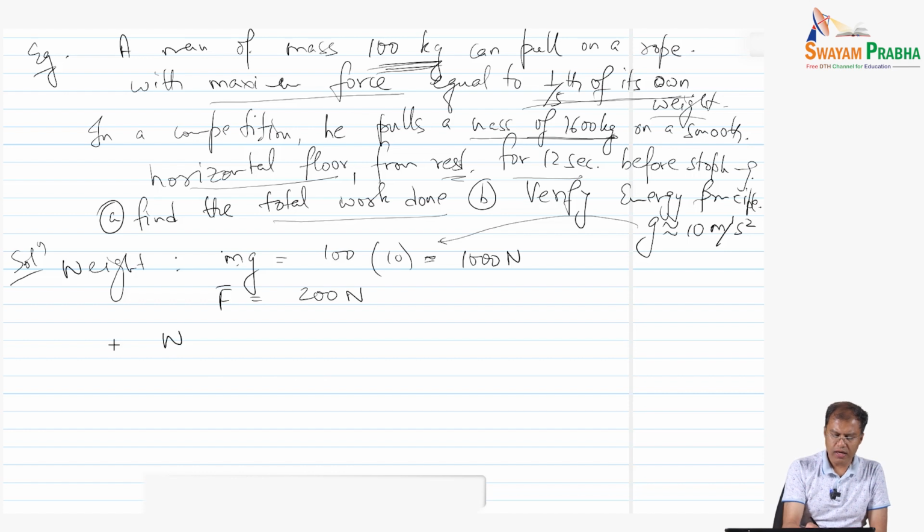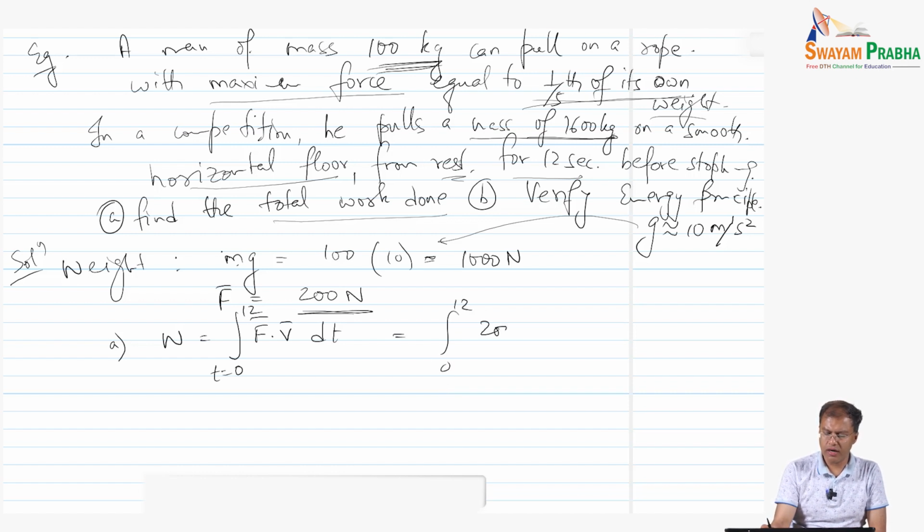The total work done is the integral of F dot V, and F is given to be 200 newtons, so we have to find V. The integral is over time t from 0 to 12 seconds of 200 times v. But what is v?